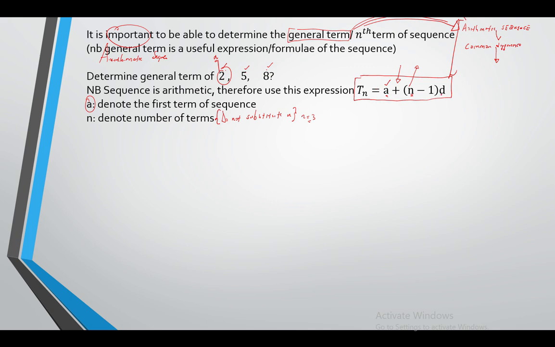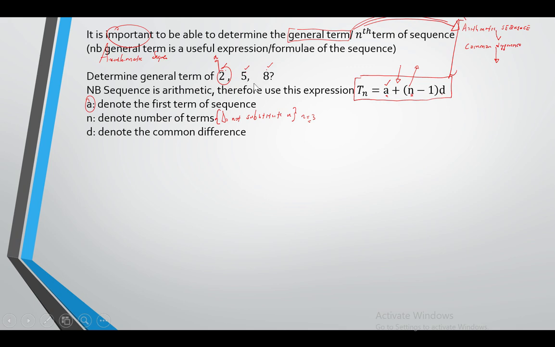Now, what about d? d is the common difference. We talked about the common difference already. We said the common difference is 3. Remember? 5 minus 2 is 3, and 8 minus 5 is also 3.